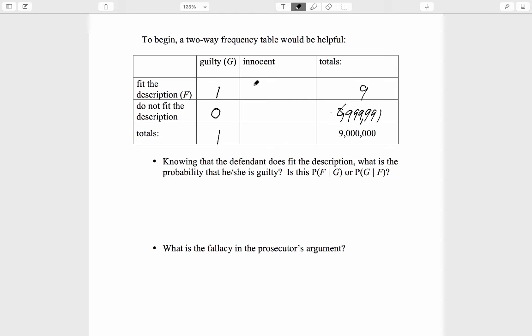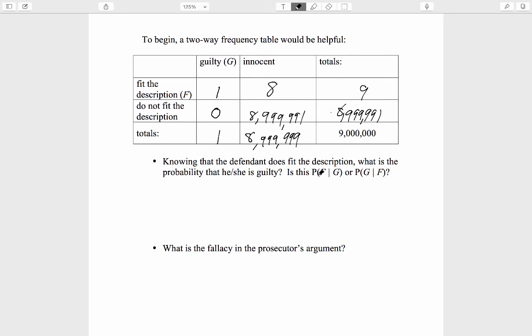Now we can figure out how many are innocent in each category. Among those who fit the description, there are 8 who are actually innocent. Among those who do not fit the description, well, that's all of them who are innocent. Our total number of innocents is 1 short of the entire population. Now the moment of truth. Knowing that the defendant does fit the description, what is the probability that he or she is guilty?